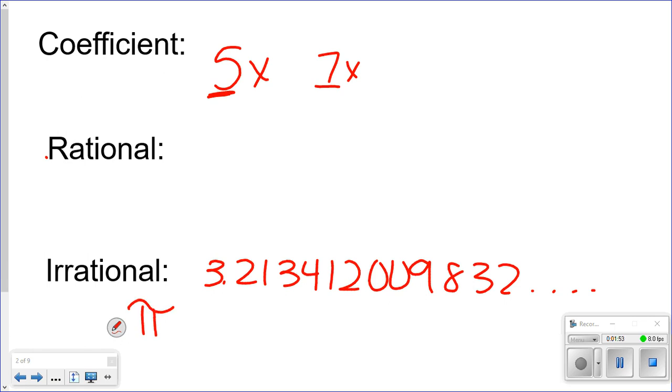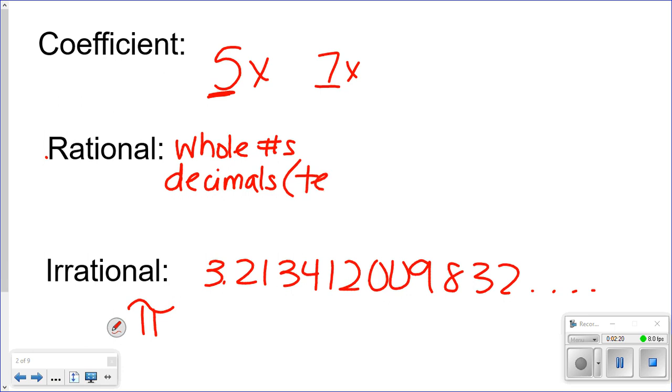Okay? So knowing that, what do you think a rational number would be? What would be an example of a rational number? It stops. It repeats. So examples of rational numbers would be whole numbers, decimals, certain types of decimals though, types that terminate, that means stop, or repeat.